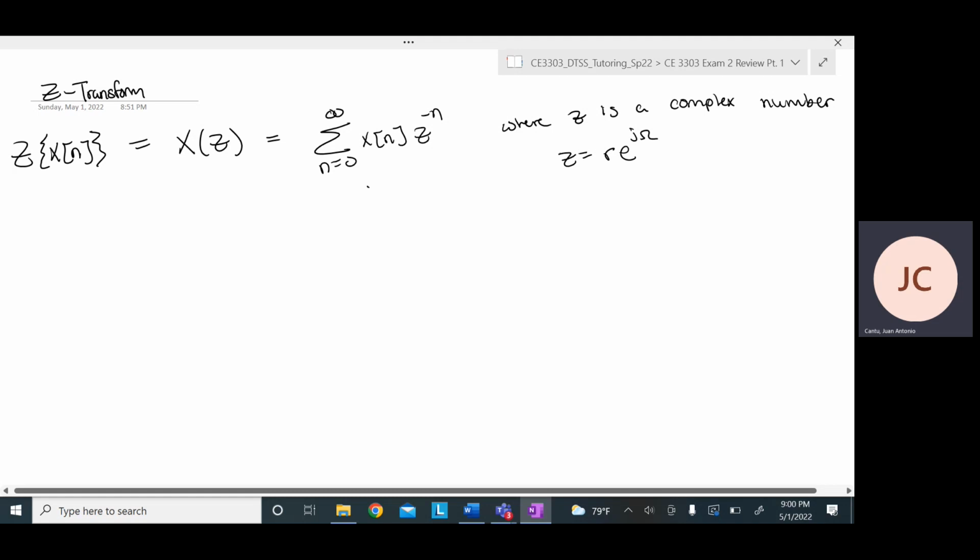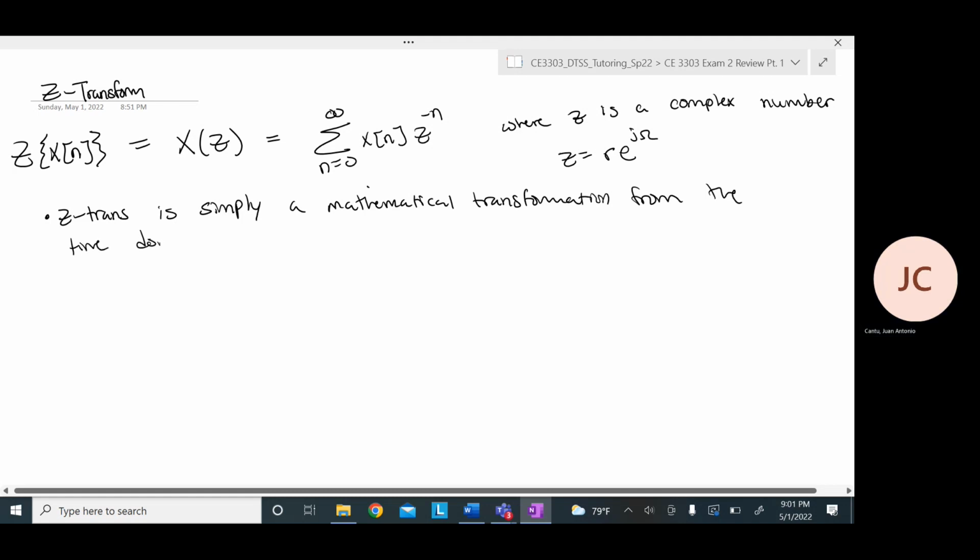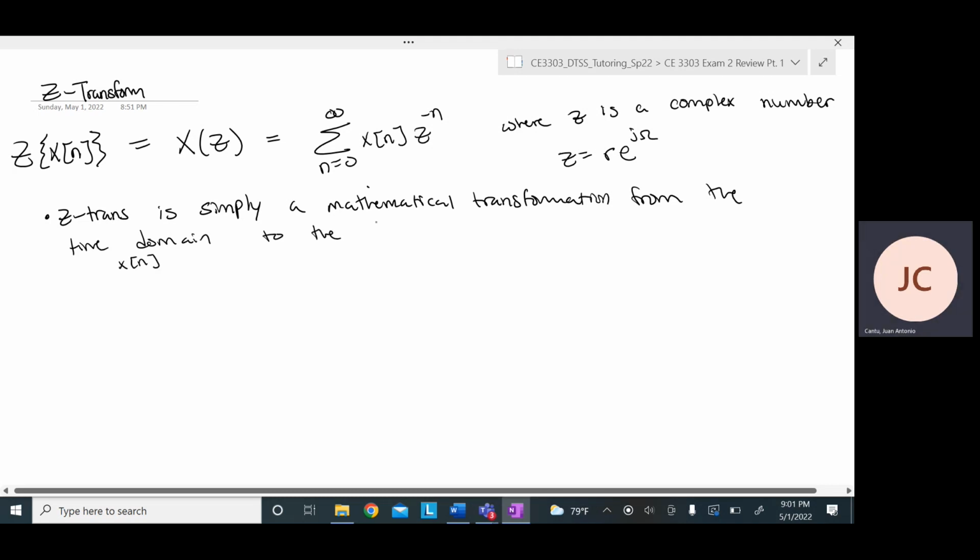So what exactly is the Z transform telling us? The Z transform is simply a mathematical transformation from the time domain, denoted by x of n, to the complex frequency domain.